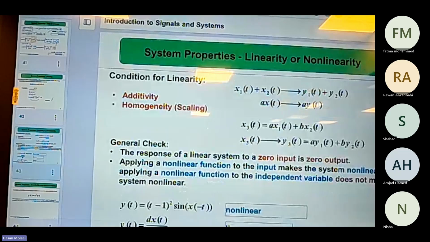Another one of the most important properties is linearity or nonlinearity. We talked about this in circuits. Do you remember, if I had a circuit here with R and dependent sources, I could separate the independent sources as the input.